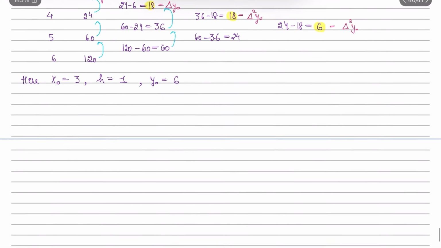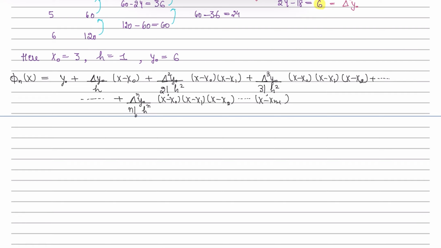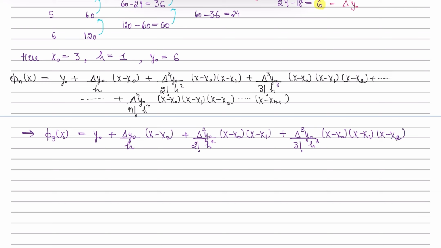Generally it says the phi n value is like this, but for this question it will reduce to phi 3, which equals y0 plus forward y0 divided by h into (x minus x0), plus forward square y0 divided by 2 factorial into h square, (x minus x0)(x minus x1), plus forward cube y0 divided by 3 factorial into h cube, (x minus x0)(x minus x1)(x minus x2). This will be all.